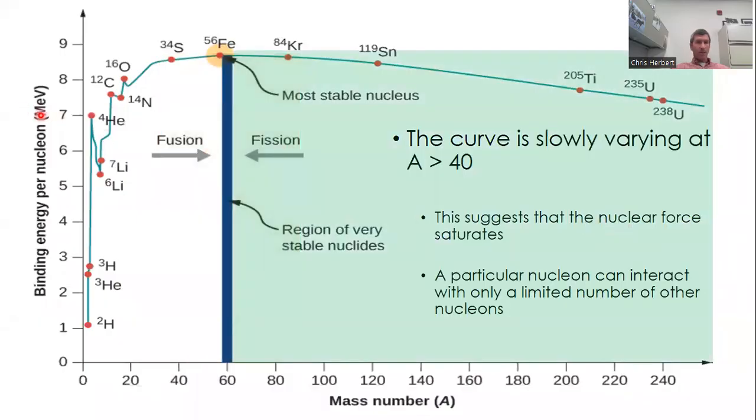No surprise. Helium, carbon, oxygen, and calcium is up here someplace. So anywhere where we were doubly magic, 2, 2, 6, 6, 8, 8 in terms of protons and neutrons, we get a higher binding energy. And that nucleus is going to be held together with more energy.